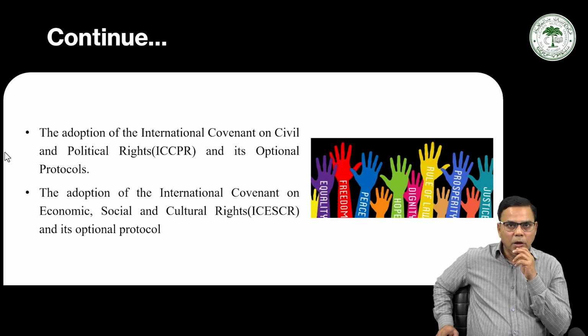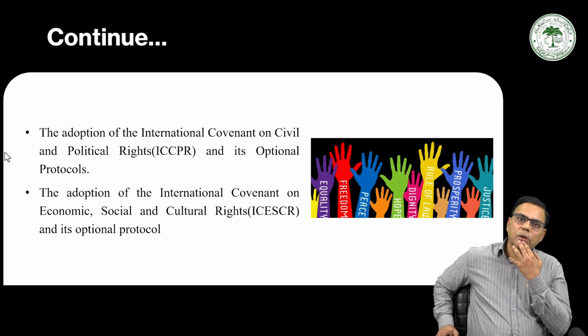Why? Because one may ask why the ICCPR has such a strong implementation mechanism and the ICESCR does not. Because the implementation of the principles and provisions of the ICCPR does not need resources. It just needs political will by the state.